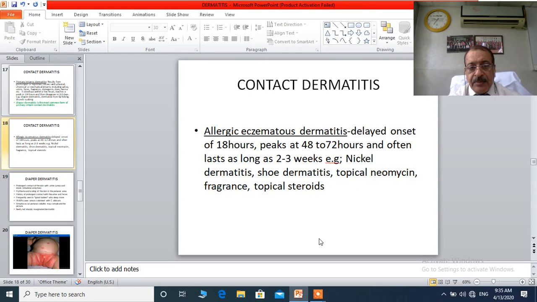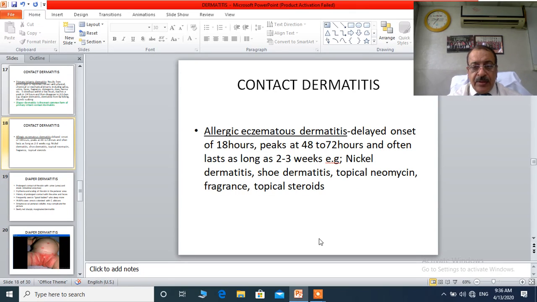For example, nickel dermatitis, shoe dermatitis, and topical neomycin can cause dermatitis at the area where it has been applied. Then various types of fragrances, various types of topical steroids, they can cause dermatitis.